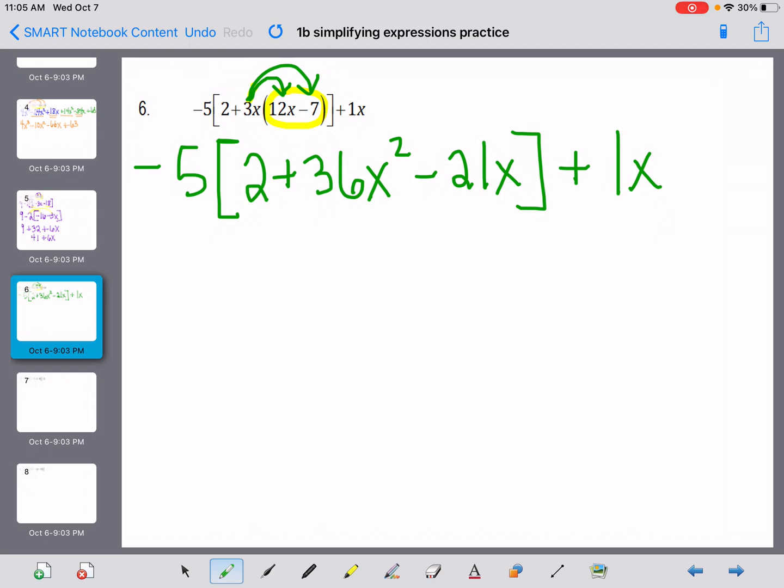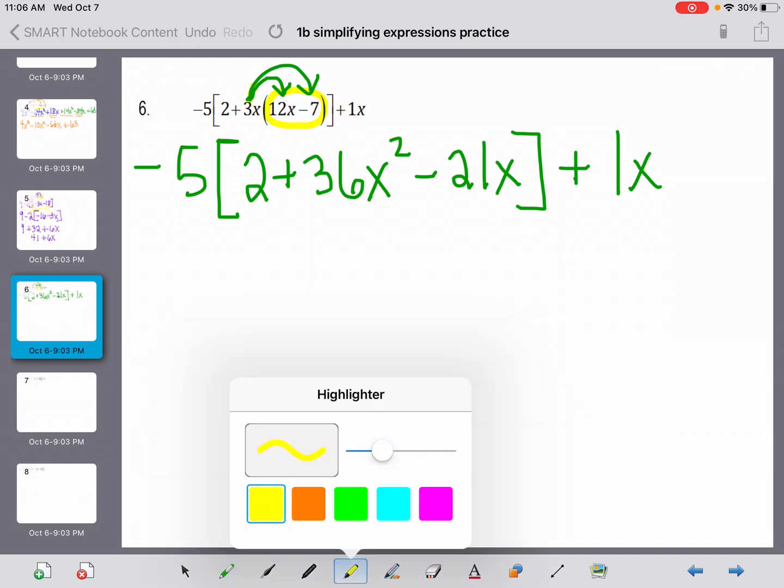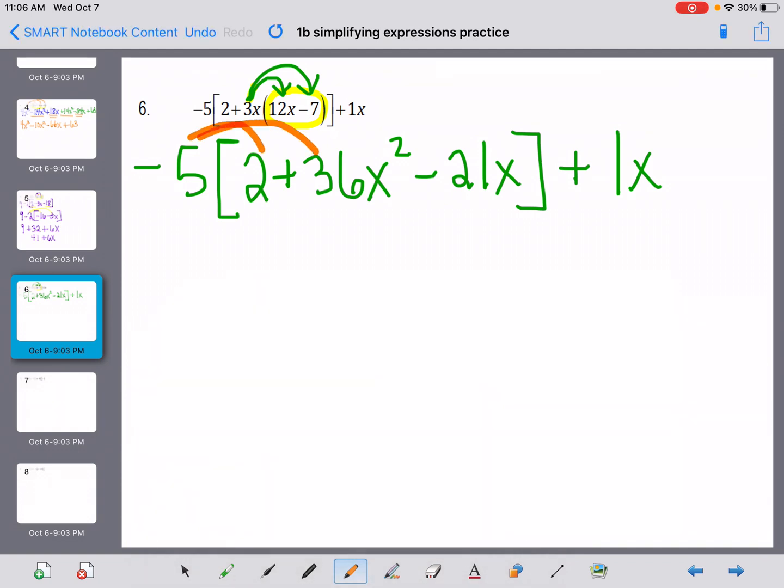As we take a look in the parentheses, however, we do not have any like terms. X squared is different from x. So now what's going to happen is we can distribute the negative 5. So when we do that, negative 5 times 2 is negative 10. Negative 5 times 36, use Desmos if you need to, or a calculator, gives us negative 180x squared.